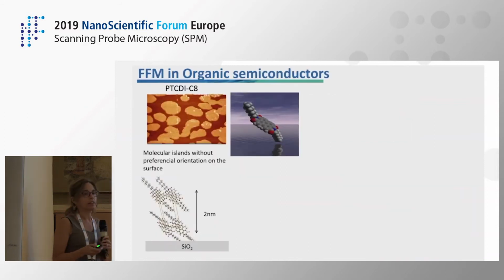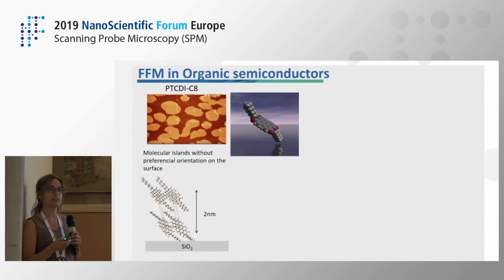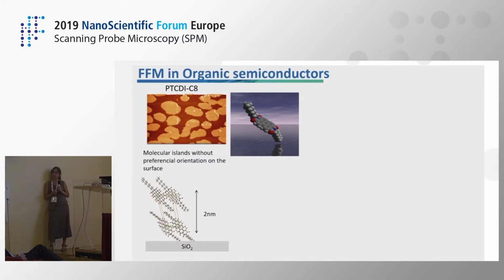So the first example I am giving you here is for this organic semiconductor, PTCDI-C8. This is an organic semiconductor used for n-type organic field effect transistors.